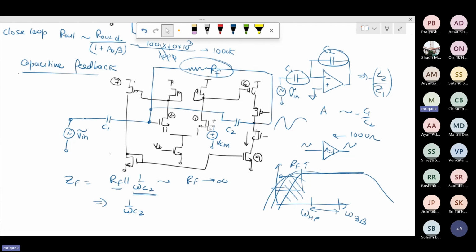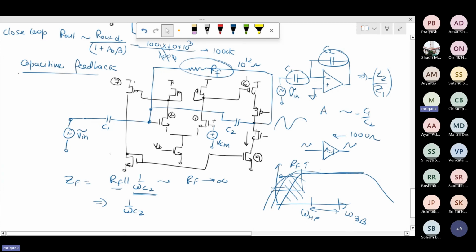Let me see. So now the thing is RF, for the time being, maybe you can just simulate with a very large RF. That large RF may be as high as 10 to the power of 12 ohm. Ideally, we would like to have a very large RF, but in this case, what I'm saying is you can just simulate with a nominal, very high RF of 10 to the power of 12, and then try to see what kind of closed loop gain you are getting, and also the cutoff frequencies, the lower side and higher side.